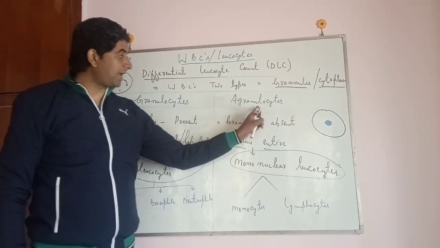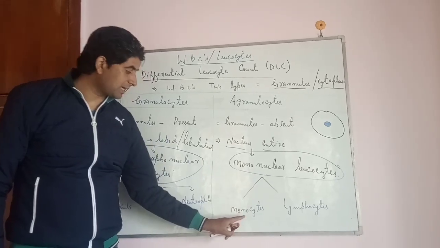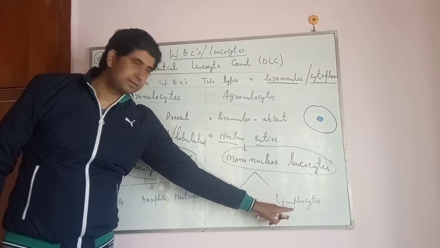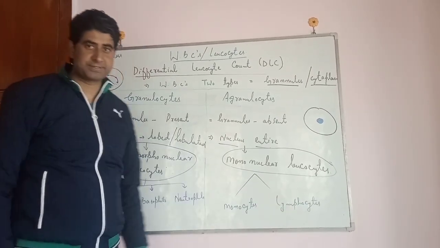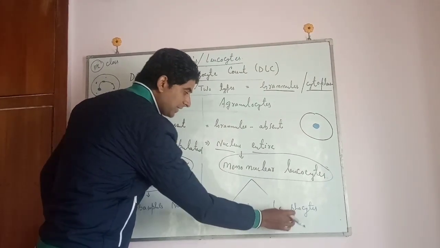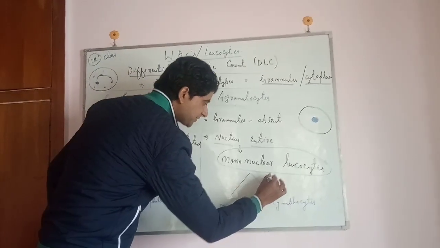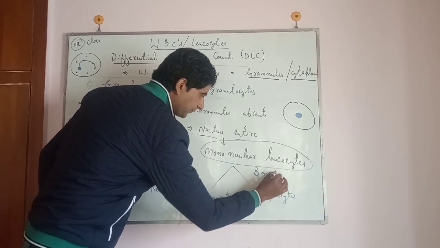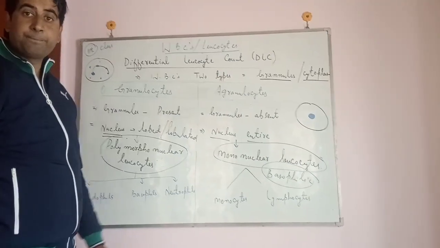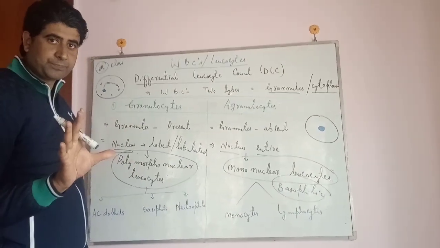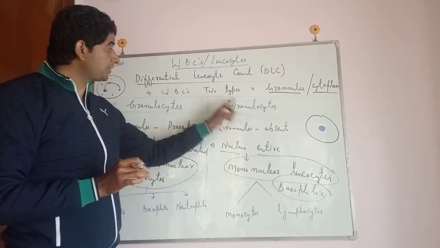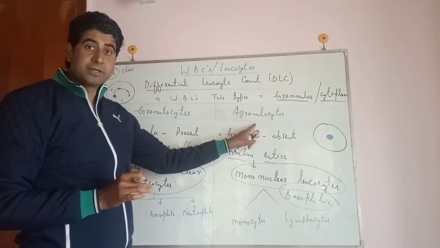So likewise, the agranulocytes have been classified into two types. First one is the monocytes and the next one is the lymphocytes. But both these two, monocytes as well as the lymphocytes, are basophilic in nature, because both the agranulocytes take up the basic stain. So in general, broadly we have classified the WBCs into two types, granulocytes as well as agranulocytes.